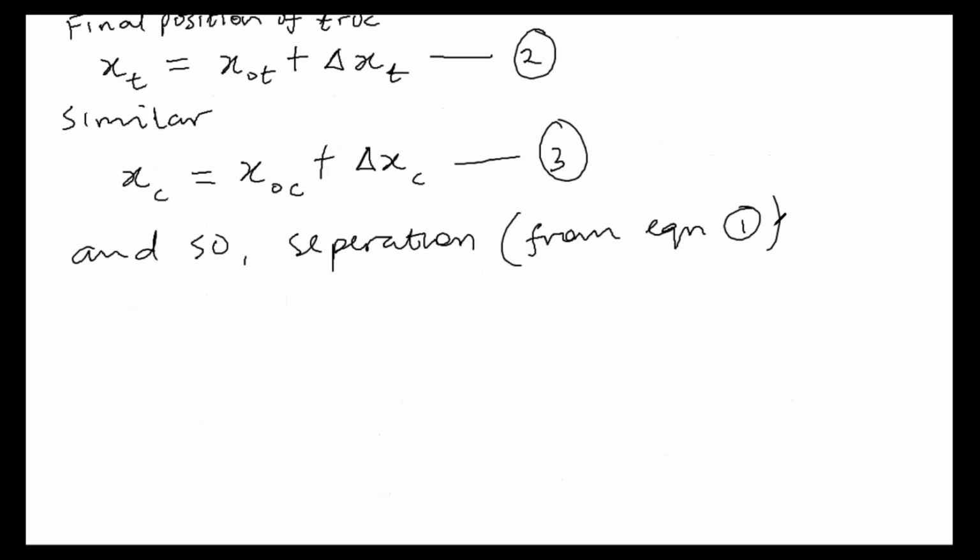So from equation 1, I know that the separation delta x will just be equal to the final position of the car minus the final position of the truck. The final position of the car is given by equation 3, and the final position of the truck is given by equation 2.